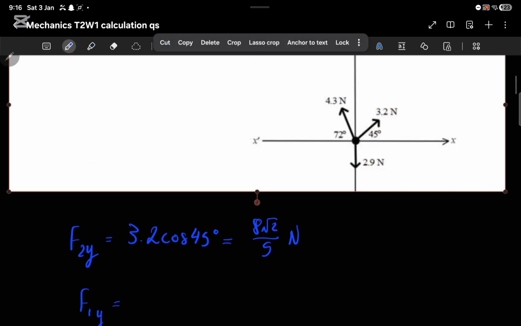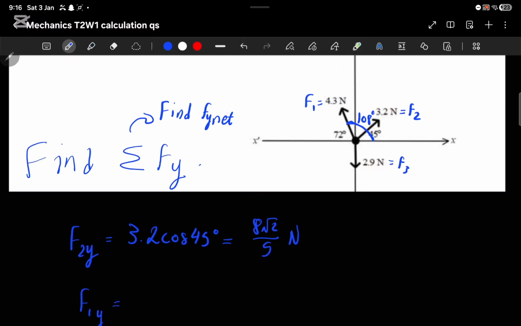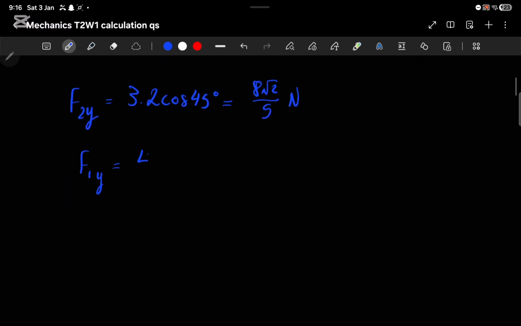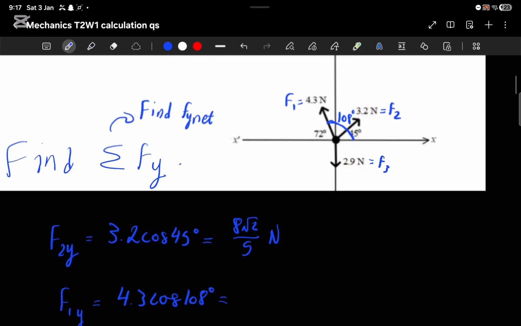So what's this force? 4.3. 4.3 cosine 108 degrees gives me... One second. What did I do?